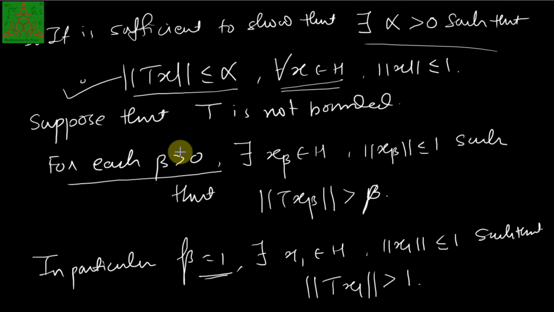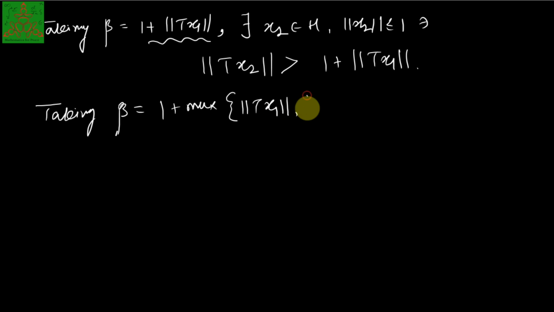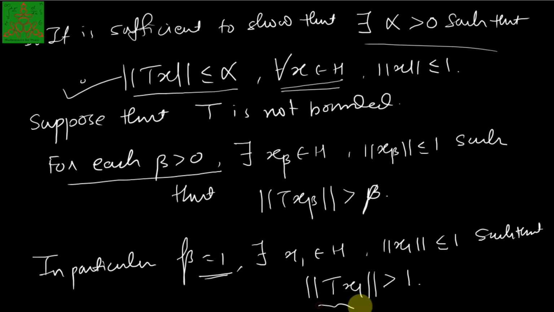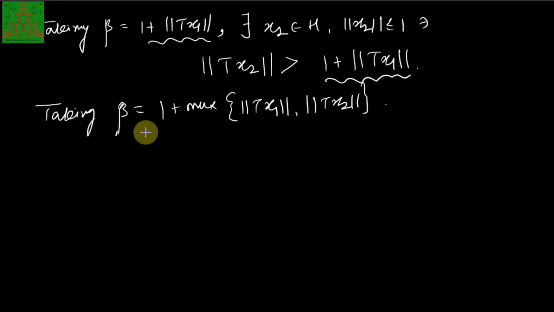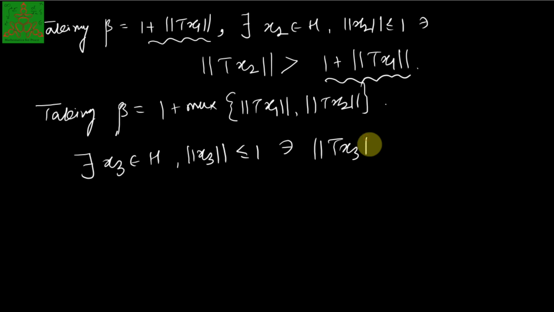Since this statement is true for every beta, I take another value of beta as 1 plus the maximum of norm of T x1 and norm of T x2. So with these two values, there exists x3 belonging to H such that norm of x3 is less than or equal to 1 and norm of T x3 is greater than 1 plus the maximum of norm of T x1 and norm of T x2.